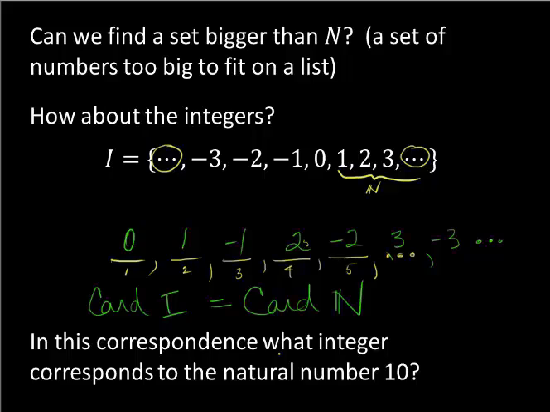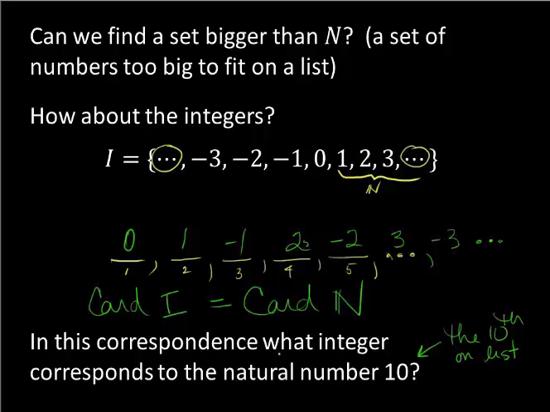Now the little question down below is, in this correspondence that I set up, what integer corresponds to the natural number 10? Well, the answer will be, I have to look for it, it'll be the 10th on the list. So I have to go out 10.